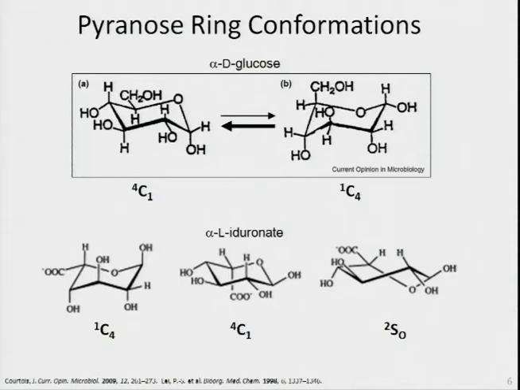Equatorial. Okay, very good. So for alpha-D glucose, where it's alpha because the hydroxy group is in the down position, we have one of the hydroxyl groups in the axial position, and the other substituents are all equatorial. That's generally favorable.